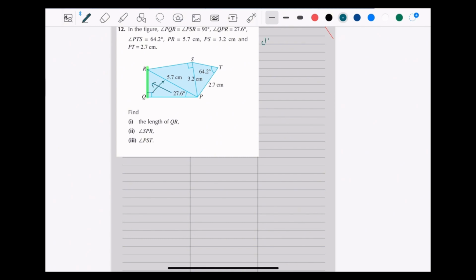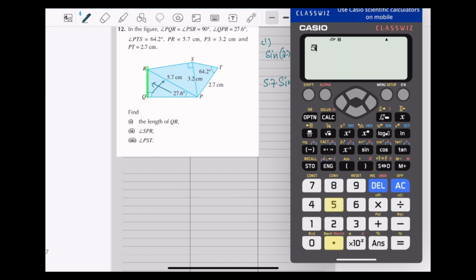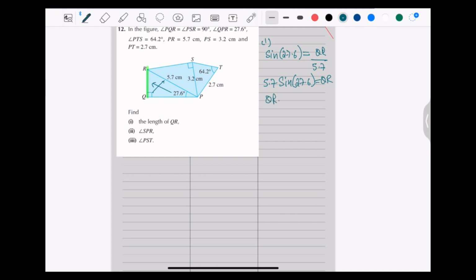So straight away you apply sine of 27.6 is QR over 5.7, and 5.7 sine 27.6 is QR. So QR is 2.64.